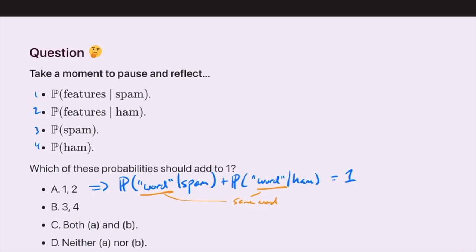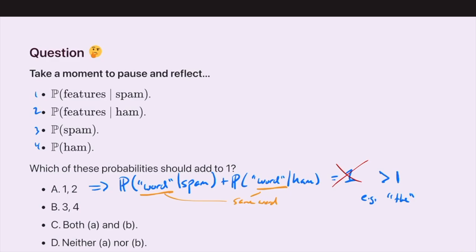Okay, so this can't be true because this thing can equal more than 1. If we think about using a very common word like the word "the", it is highly likely to occur in both spam and non-spam emails, right?